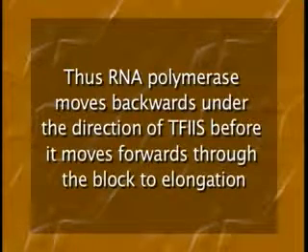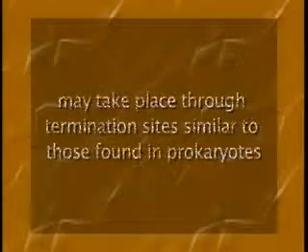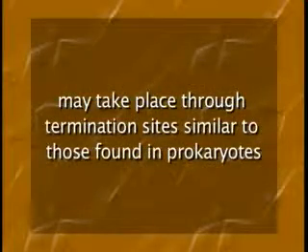Now, termination of RNA synthesis in eukaryotes. In eukaryotes, the actual termination of RNA polymerase II activity may take place through termination sites similar to those found in prokaryotes. But these termination sites are believed to be present away from the site of the 3' end of mRNA.